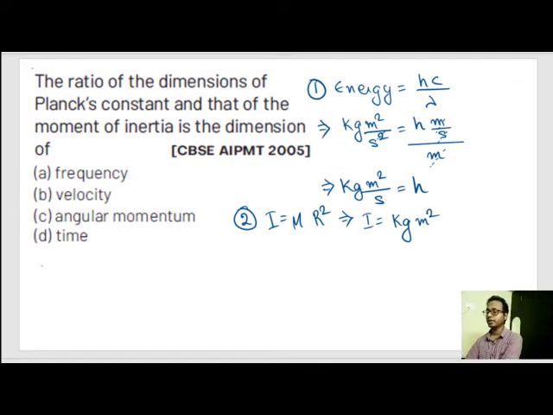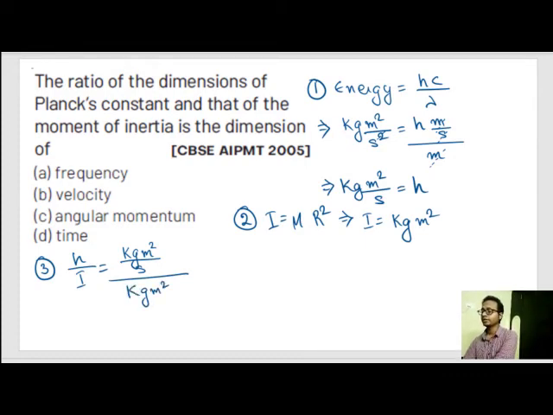Now in the question they asked us the ratio of Planck's constant to moment of inertia. So they have asked us Planck constant by moment of inertia, or kg meter square per second divided by kg meter square. So this kg meter square and this kg meter square get cancelled, and this gives us a dimension of 1 by second.